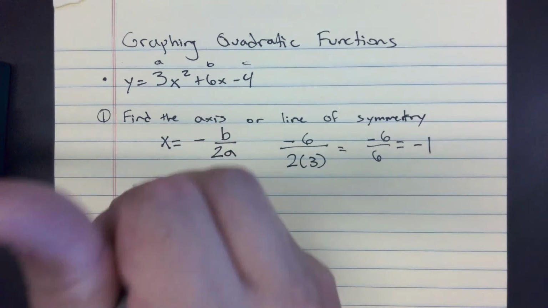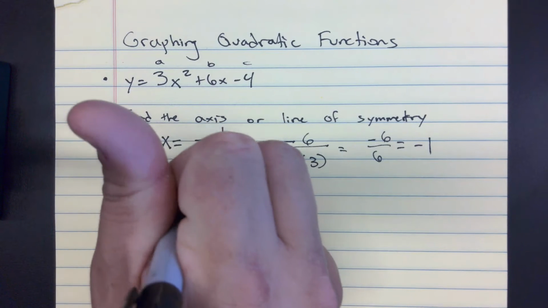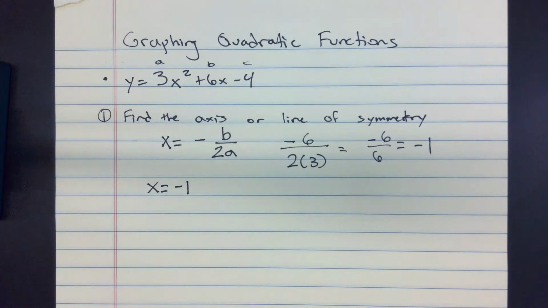Now watch how I write this. The axis of symmetry is always x equals. You have to write it x equals. So our axis of symmetry is x equals negative 1.